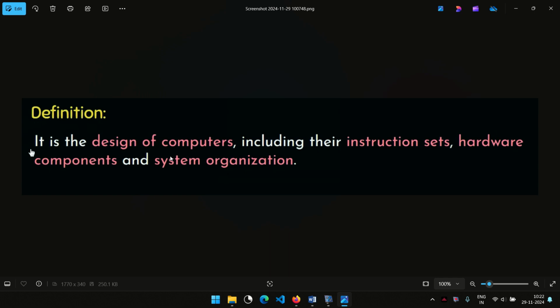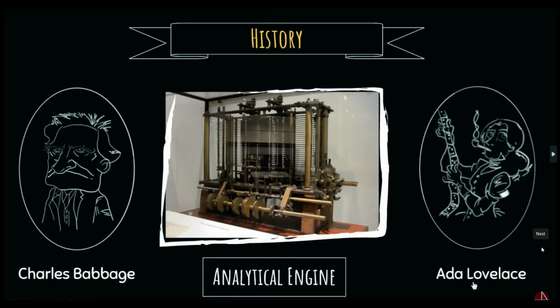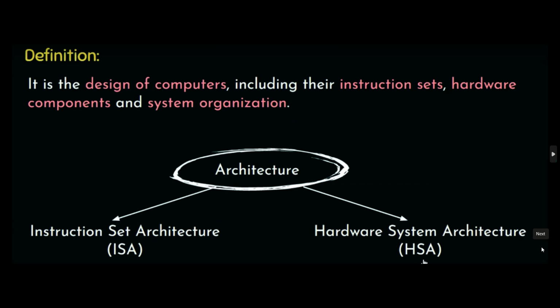It's basically the design of computers, including their instruction sets and hardware components and system organization. So many stuffs. We'll learn about crazy prodigies later. Right now there are two parts.